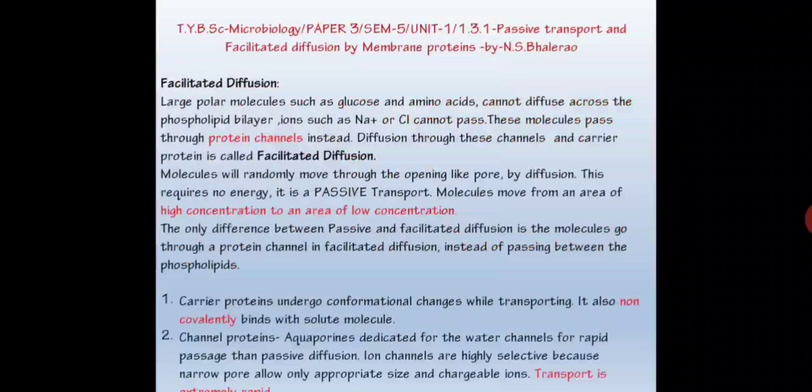Mostly 80 or 90% is lipid composition and 10% is protein composition of the plasma membrane. Ions like Na plus or Cl minus cannot pass.